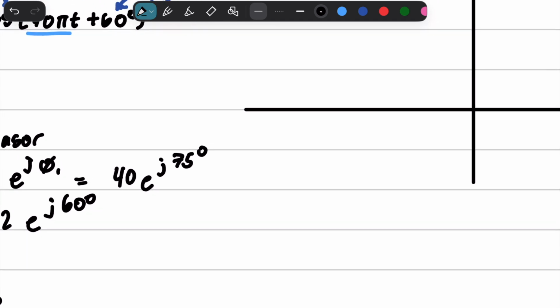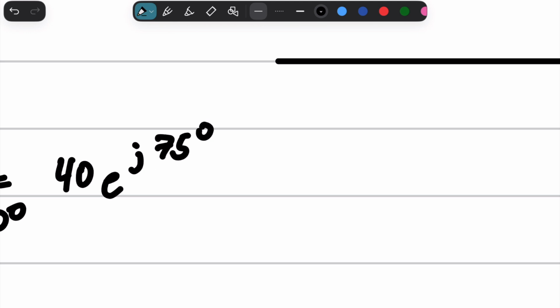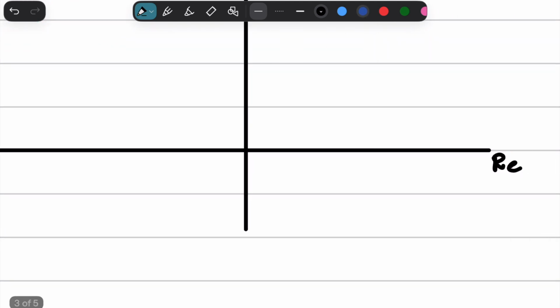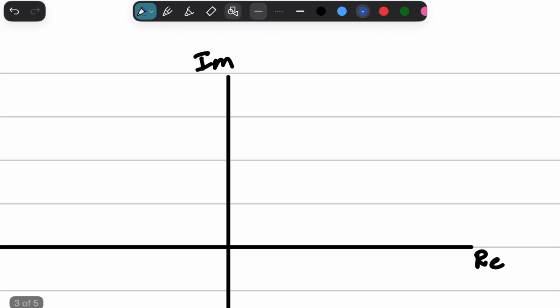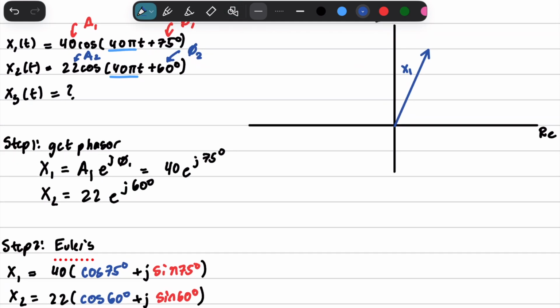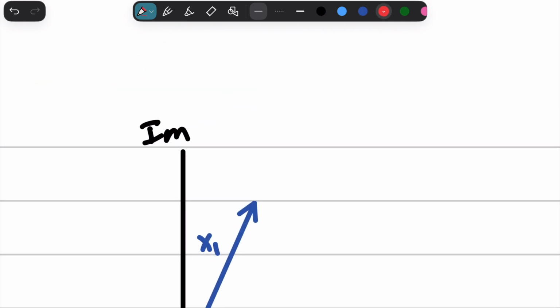The first vector is x1, which I'm going to draw in blue, and it looks about 75 degrees. We want to add x2 to it, and x2 is about 60 degrees with respect to the real axis. I'll make that red. It's a little bit shorter than x1, so it's going to look about like this.